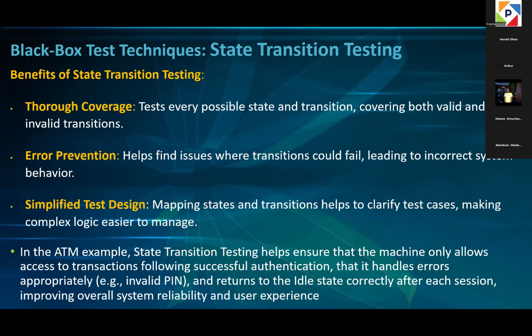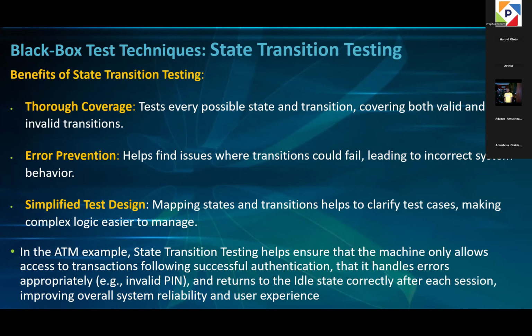It helps find issues where transitions could fail, leading to incorrect system behavior. So it prevents those errors, to make sure all transitions of states are well taken care of.